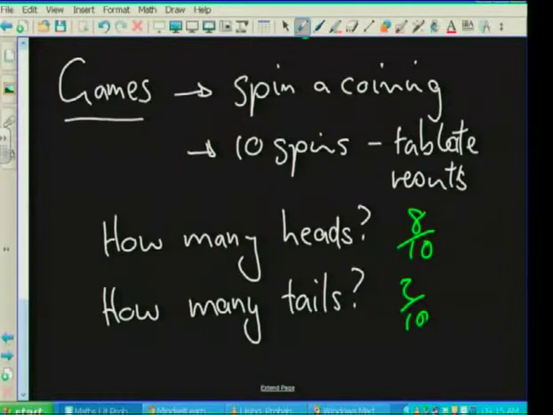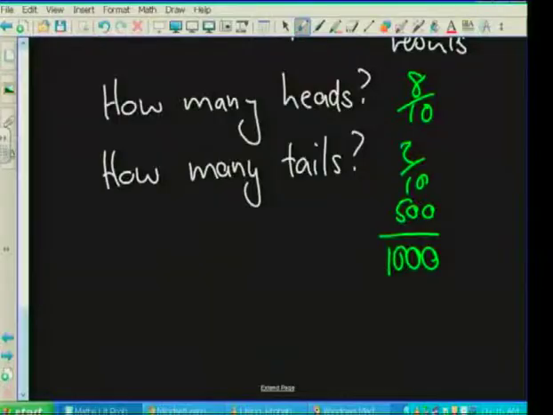But if you increased it to a much bigger number, like, for example, 10,000 or 1,000 even, you would find that if you had a sample of 1,000, you would probably find it would be close to 500, which tells you that you've got a 50% chance of getting a head or a tail. It's 1 in 2. Over a bigger sample, you're going to get that narrowing down to what we expect it to be. Now, that would be one approach, dealing with games.